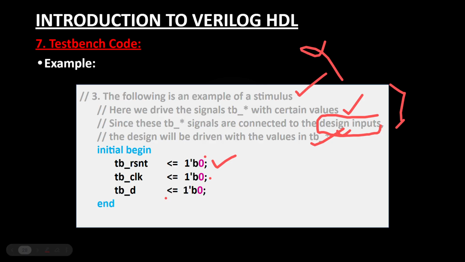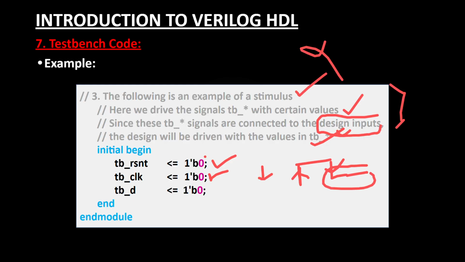Initially the clock is 0, right? We can't say whether it is negative or positive, because 0 means this level and 1 means this level.